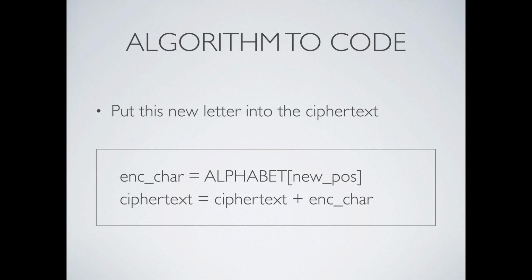Once we have that new encrypted character, we'll take whatever ciphertext was before, because we're building up one character at a time. So we want to keep anything that was in ciphertext before, and then concatenate ciphertext with this new encrypted character.